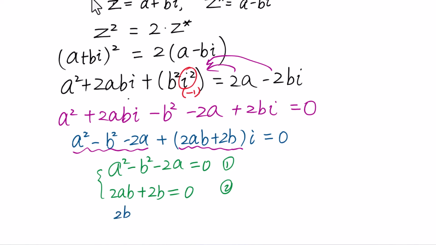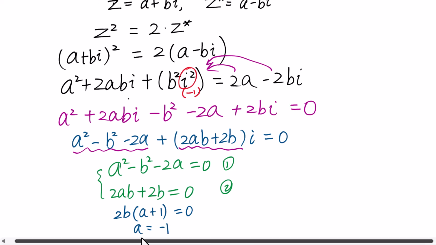Take 2b out. a plus 1 equals 0. So a equals -1. Then we substitute into the first equation. (-1) squared minus b squared minus 2 times -1 equals 0. 3 minus b squared equals 0.